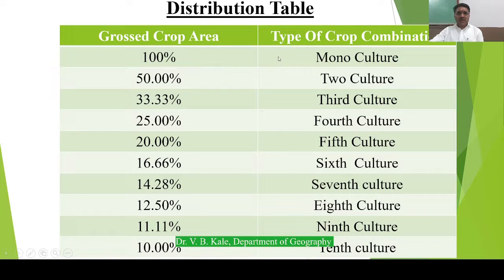Means how many crops we can grow at a time in the same field, that is called as crop combination, or that will decide the monoculture or two culture or three culture. Got it? So this distribution table has been developed by J.C. Weaver for his calculation, and how he has used this table we have to see.